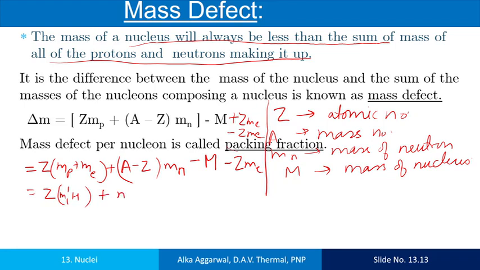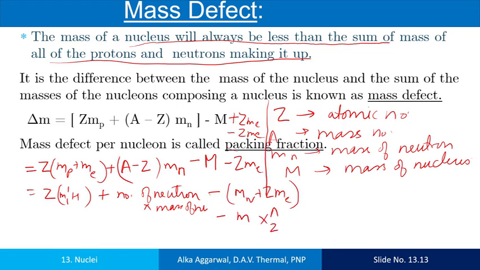It is the number of neutrons into the mass of a neutron. The minus is common. It is the mass of the nucleus plus the mass of the total number of electrons. So it becomes the mass of the given atom.